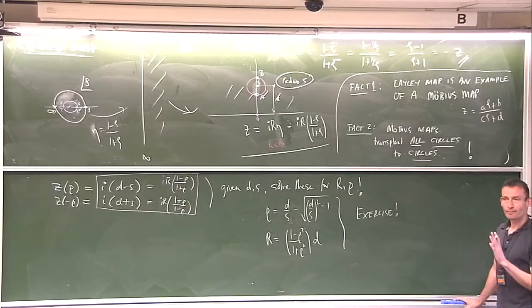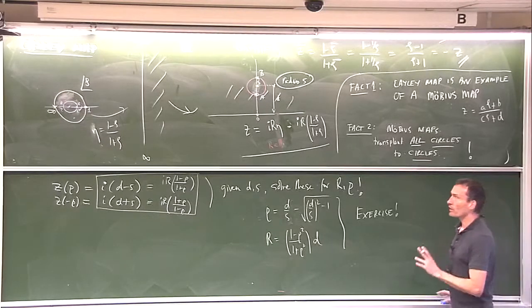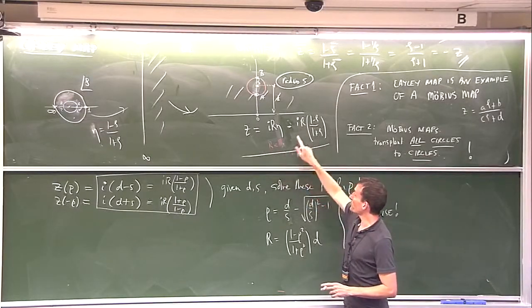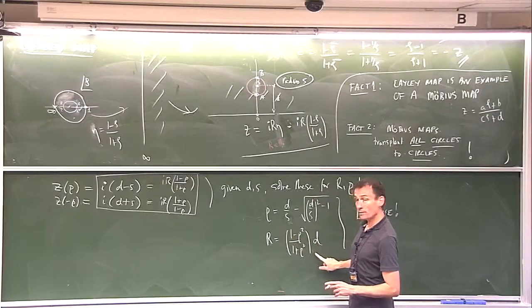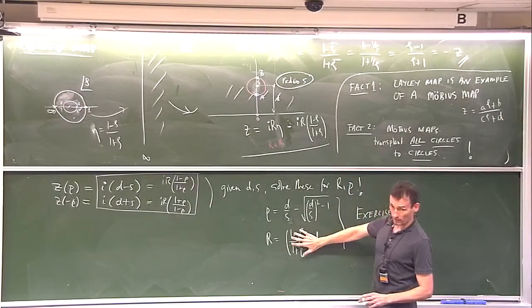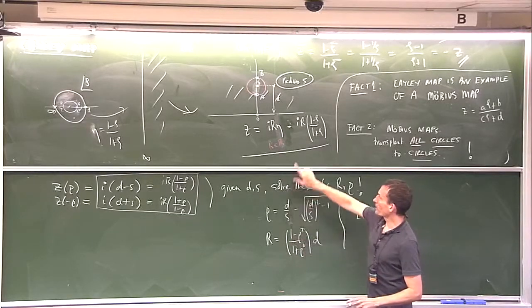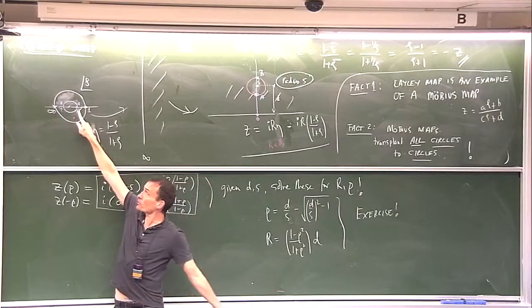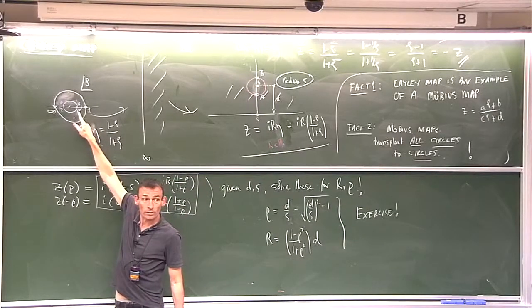Everybody following me? What I've just done is I've found this conformal mapping. The parameters are given by this. Remember, if rho is given by this in terms of D and S, then this is a function of D and S. I know capital R, and when I solve for rho, it tells me what the conformal modulus is here, what this rho is.